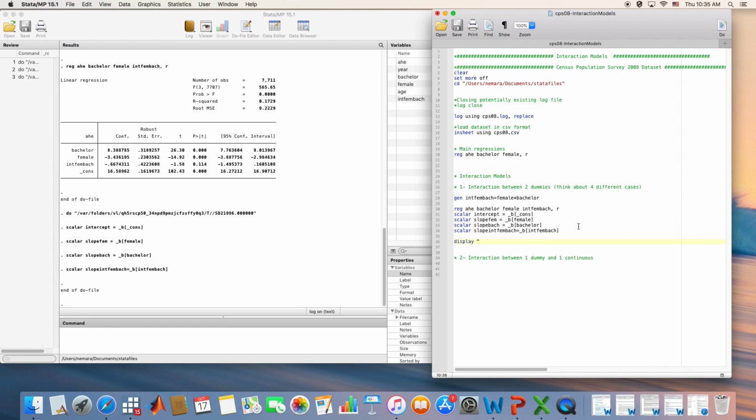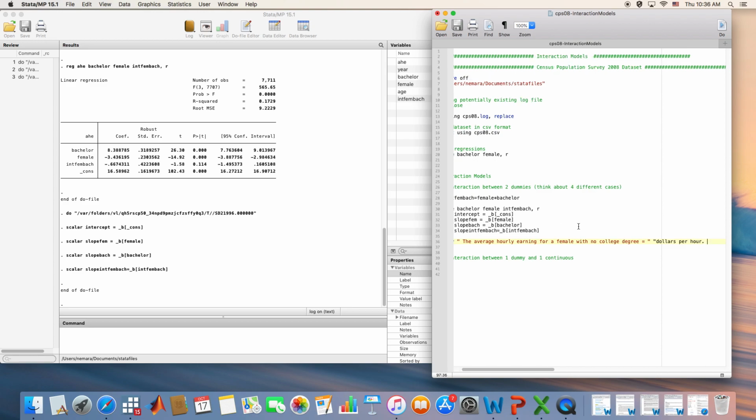So you would display the results of the average for a female with no college degree and equal, and then leave a space, and it's going to be something which is dollars per hour, and you close the quotation and make sure you leave space here so that the numbers are not connected to your sentence.